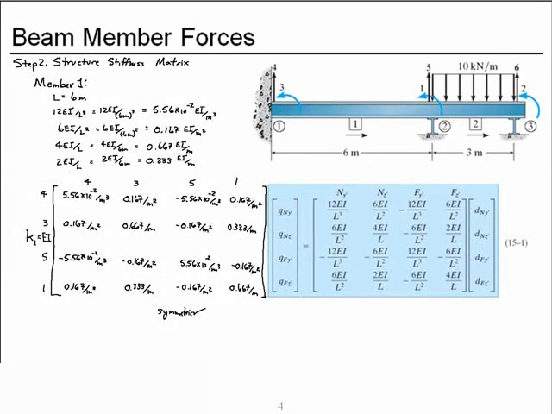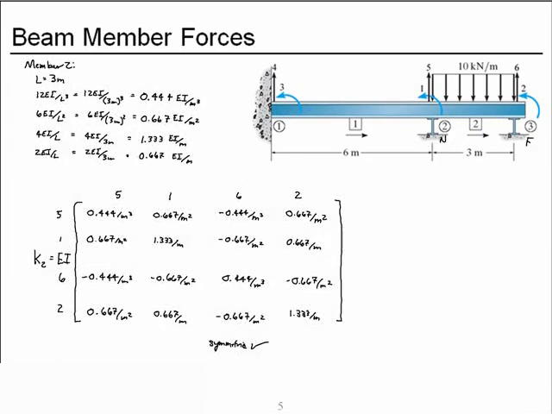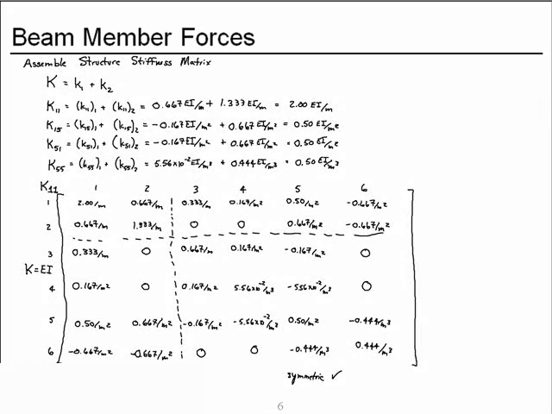We then began the stiffness method by assembling the member stiffness matrices, first for member 1, then for member 2, and then we assembled the structure stiffness matrix, being careful to recognize that the degree of freedom sequence in the element matrices was not the same as the degree of freedom sequence we have for the structure stiffness, which is 1, 2, 3, 4, 5, 6.